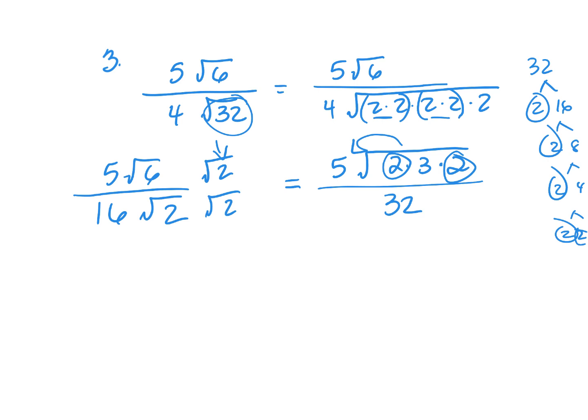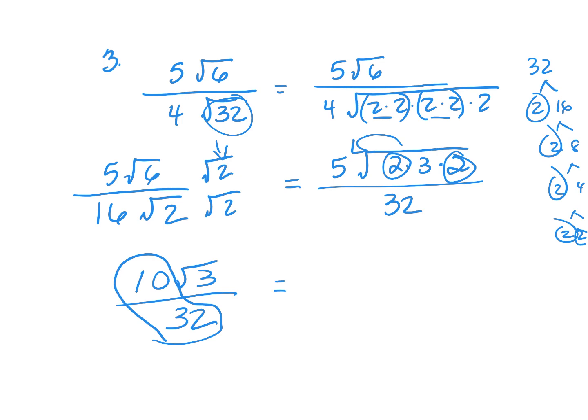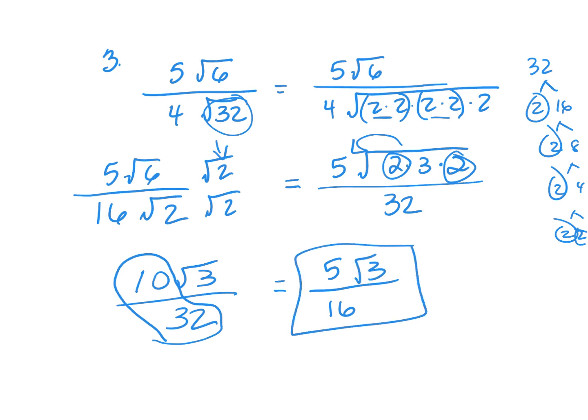Downstairs, I got 16 times 2 is 32. Upstairs, I get 10 root 3 over 32. All right, so what I would do in my calculator is put 10 over 32 and hit math enter, and you should get 5 over 16 root 3, and that is your final answer.